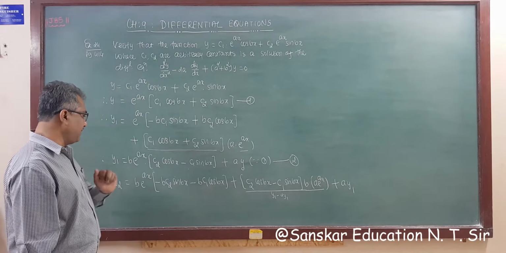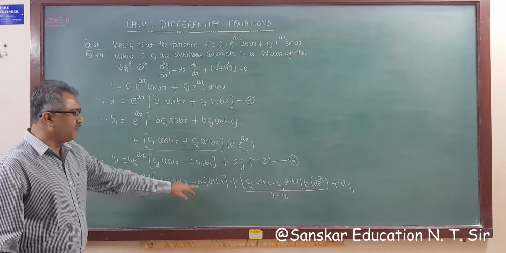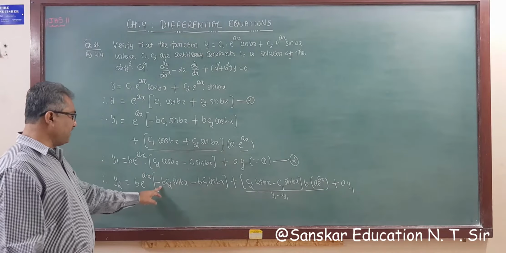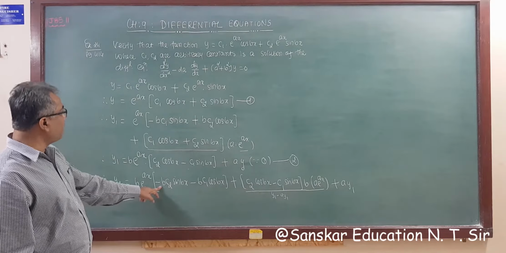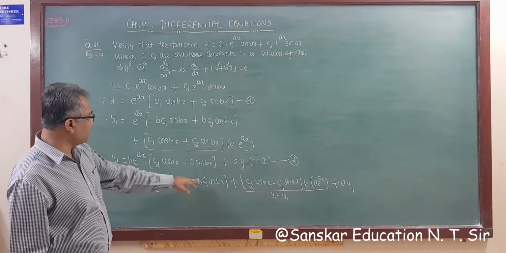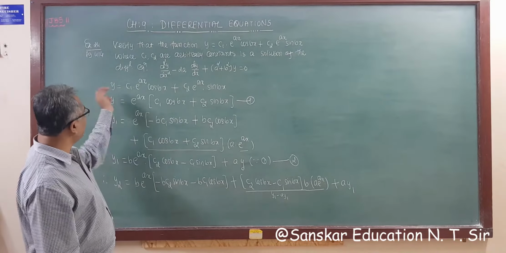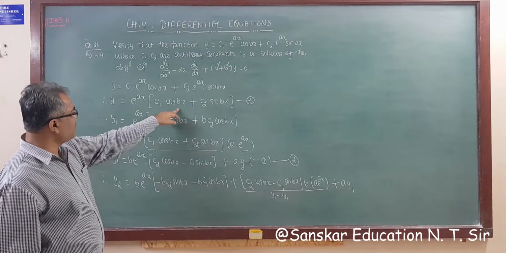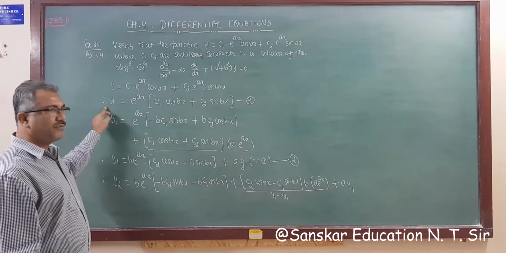So substituting that, taking minus b common, we get c1 cos bx plus c2 sin bx, which is your y.